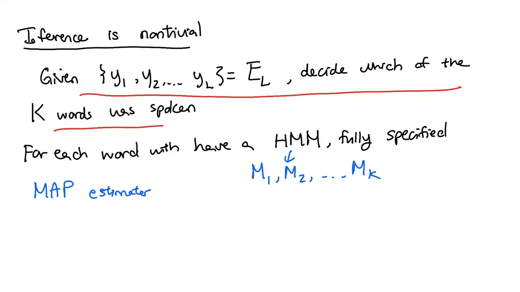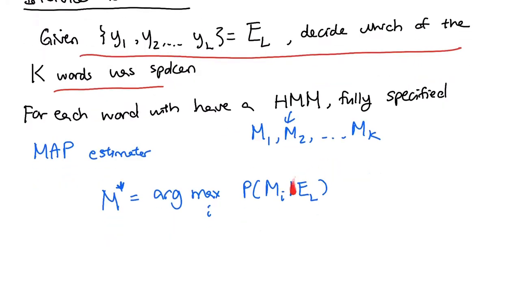But the idea is that in order to decide which word it is given the observation, at a high level, I just want to find the model that has the largest posterior distribution given my observation, y1 up to yL.